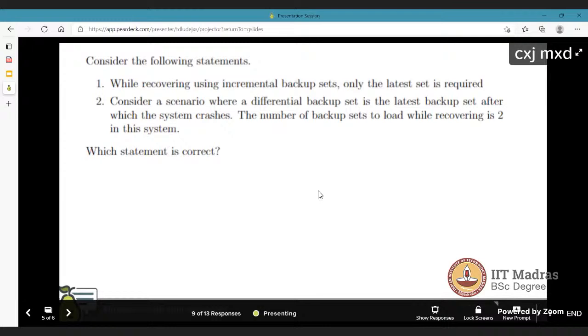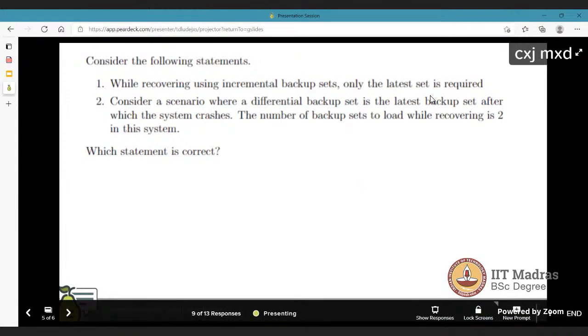And for the first statement to be correct, the latest set includes the full backup set and the differential set as well, right? Like after the full backup. The statement is, while recovering using incremental backup sets, only the latest set is required.